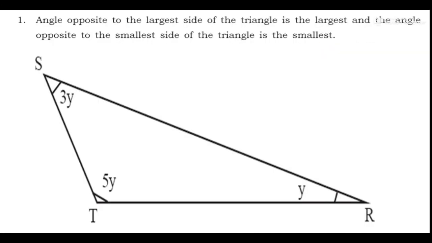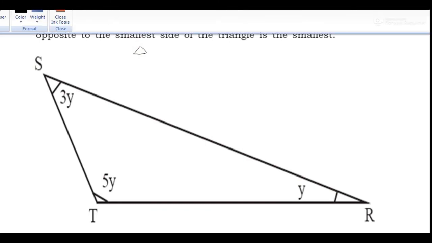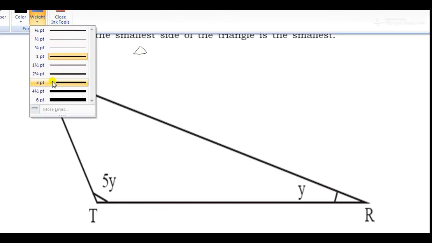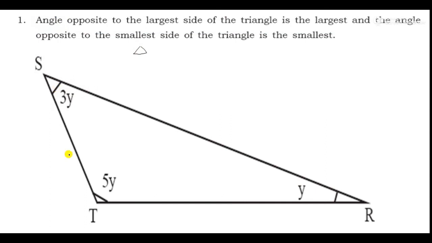Here is the first one: the angle opposite to the largest side of the triangle is largest, and the angle opposite to the smallest side of the triangle is smallest. In this figure you can see the triangle. This is triangle STR.